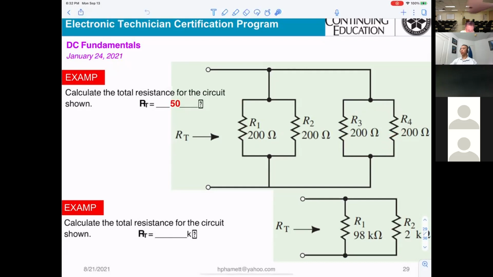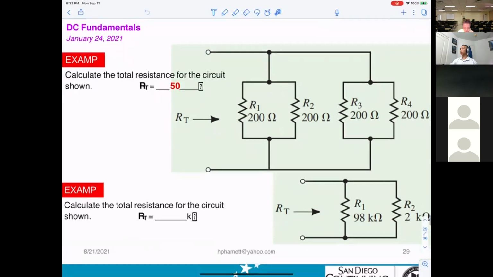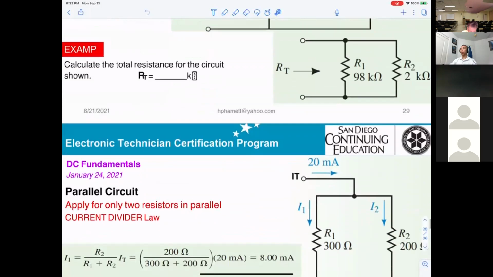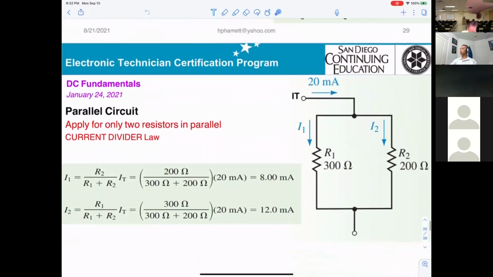Then they are in series, so you add them up. And on this example here, you get only R1 and R2 in parallel. You can use the formula R total equals R1 times R2 divided by R1 plus R2.